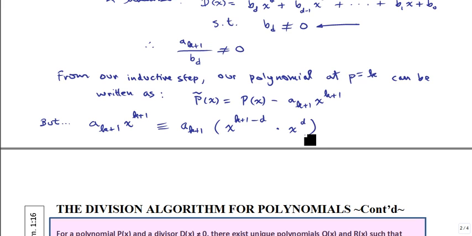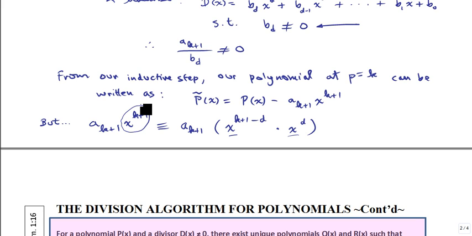Remember that when you're multiplying these two terms, you're adding the exponents. So x to the k plus 1 minus d times x to the d becomes x to the k plus 1 minus d plus d. The minus d and plus d cancel, and you're left with the x to the k plus 1 term.